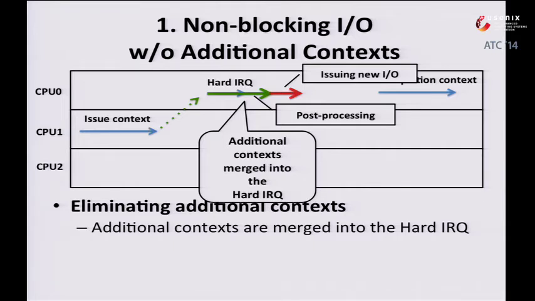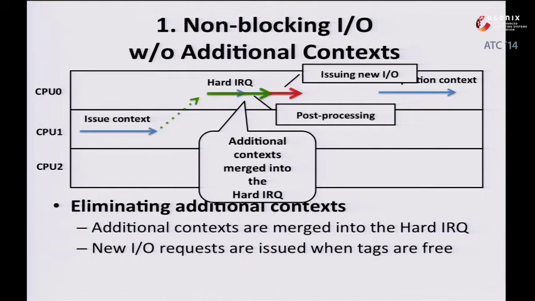The benefit of doing this was the elimination of the additional contexts we saw previously, and another benefit was the minimization of device I/O slot idleness. As soon as an I/O queue handler frees up an I/O slot, a new I/O request can be issued right away without the delay of waking up a thread.